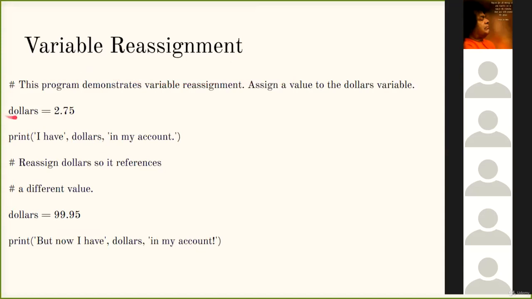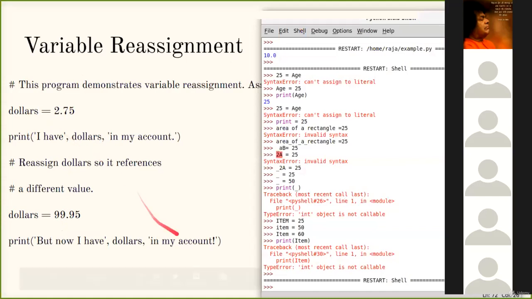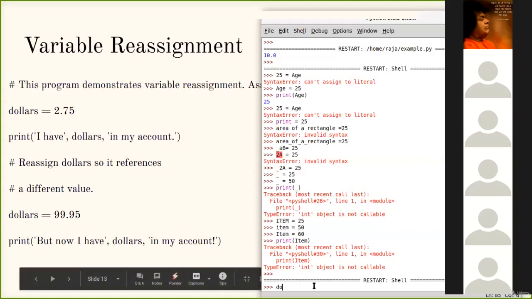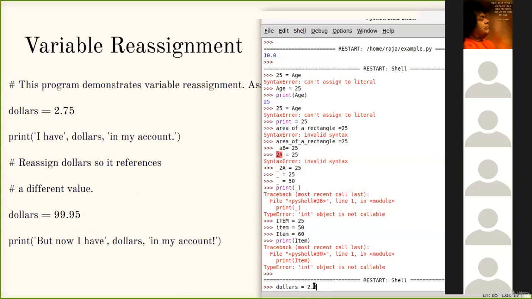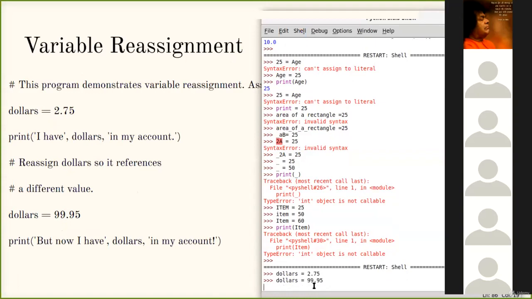It means I can reassign my variable with different numbers multiple times. Say I have dollars = 2.75, and then I will do dollars = 99.95, which means I am overwriting the value.